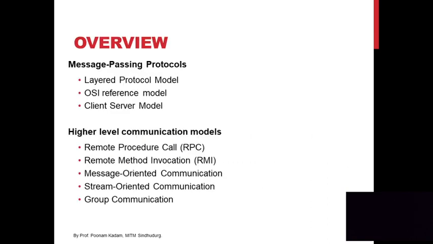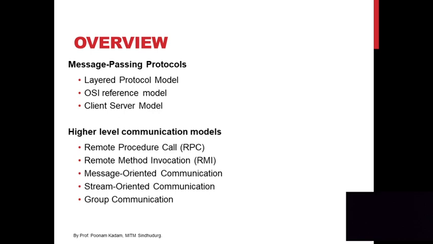Then the overview: what we are going to see in this particular chapter. We are going to see the message passing protocols. These are the basic protocols: the layered protocol model, the OSI reference model, and the client server model. And then higher level communication models, which are actually used in distributed system applications.